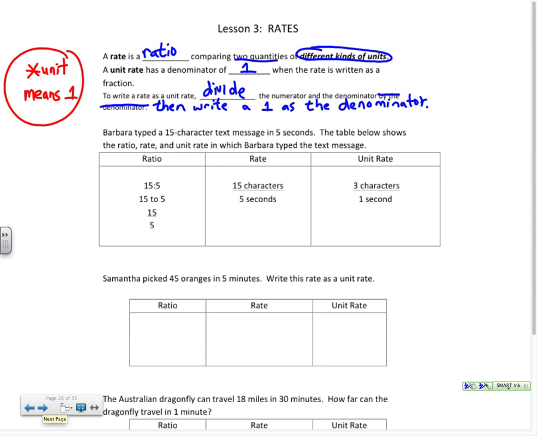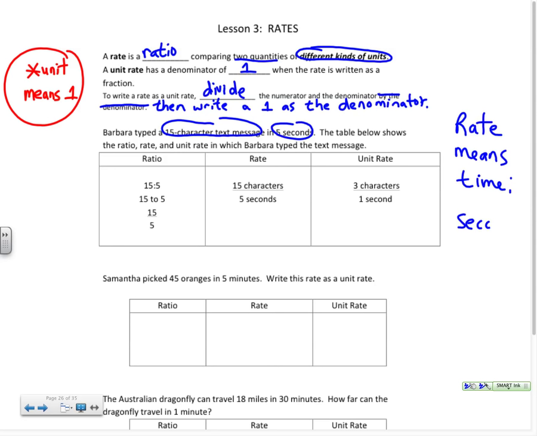Barbara typed a 15-character text message in 5 seconds. Now I know seconds are a rate because rate means time. So it could mean seconds, minutes, hours, days, things like that. When we talk about rates, we're talking about time. The table below shows the ratio, the rate, and the unit rate in which Barbara typed the text message.